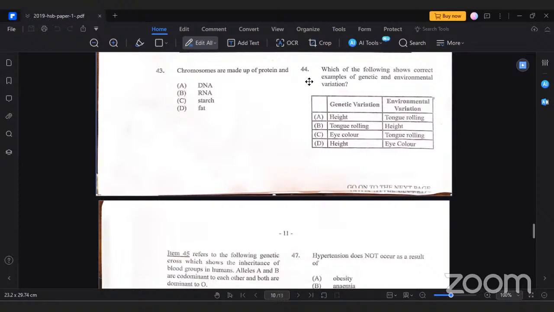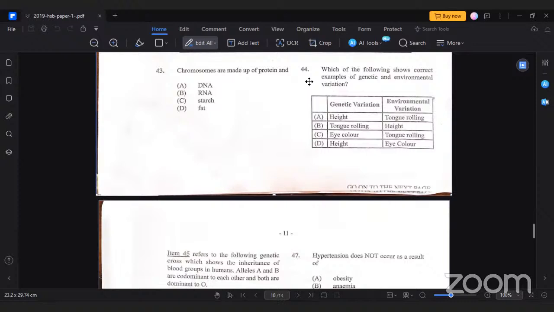A lot of people can't tongue roll. No matter where you are, you cannot roll your tongue. Is it B, tongue roll under genetic variation, or height under environmental variation? Is it C, eye color under genetic variation, and tongue roll under environmental variation?